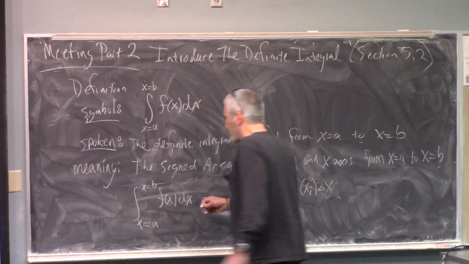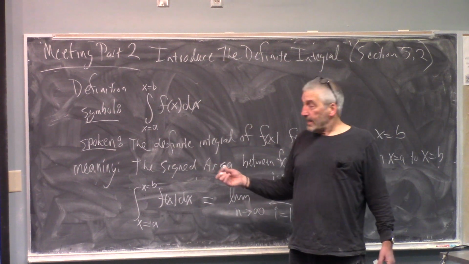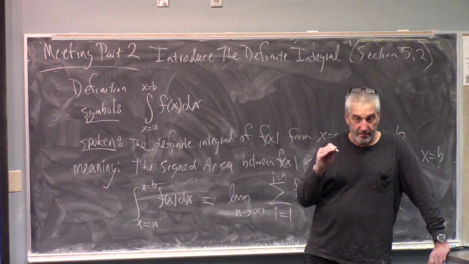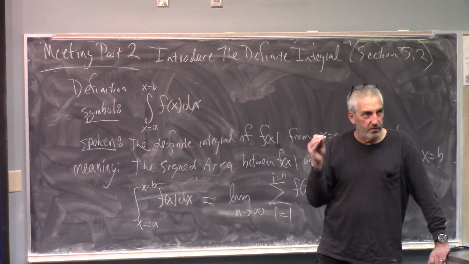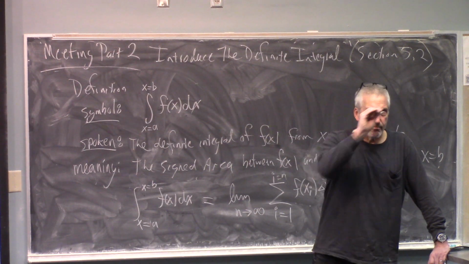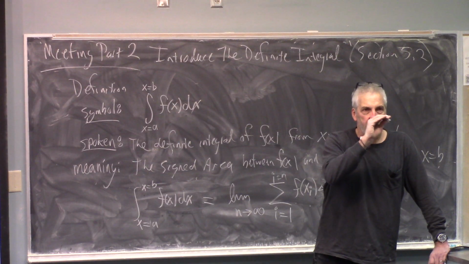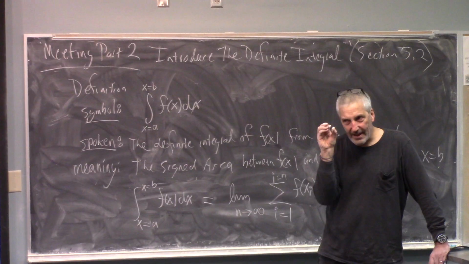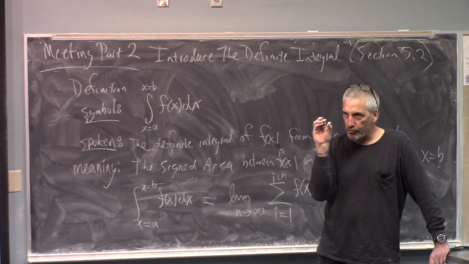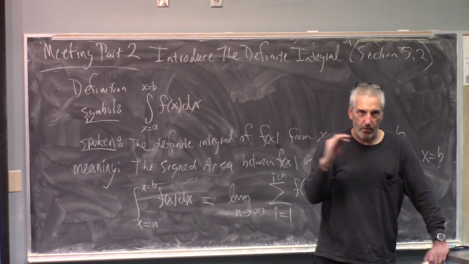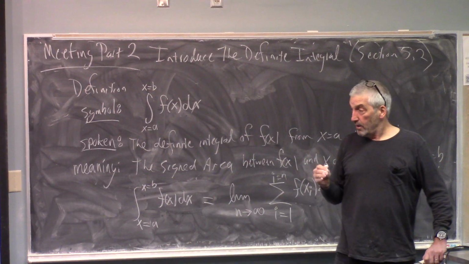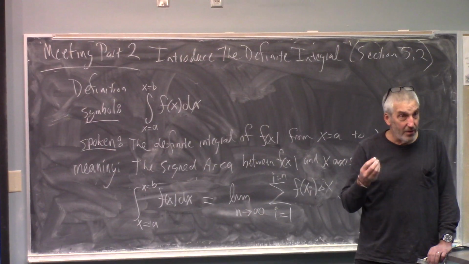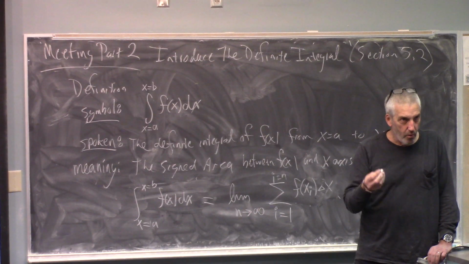So how is this supposed to help? Well, the idea is, remember on Monday when we had the computer making the sums with the rectangles, and we started using more and more rectangles, and this jagged region started to look curvy because the rectangles were so skinny you couldn't really see the individual rectangles anymore. It just got smoothed out and it looked like the region. So that's the idea, that limiting process, imagining doing that as you use more and more rectangles.